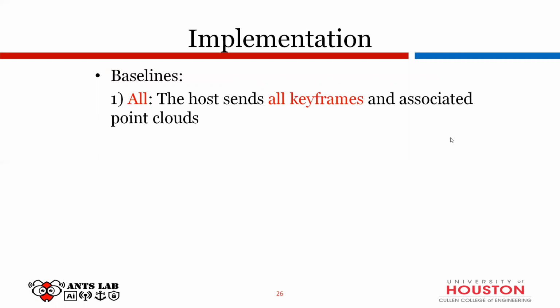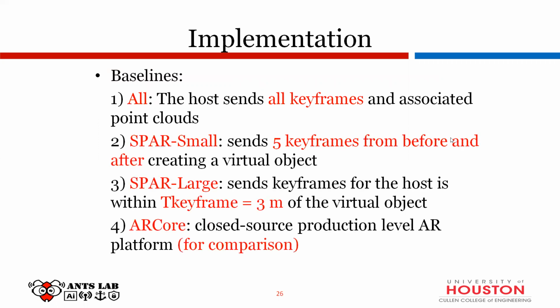And for the baselines, we have 4 of them. The first one is all, which means the host sends all the keyframes and associated point clouds. The second one is sparse, which sends 5 keyframes from before and after creating a virtual object.